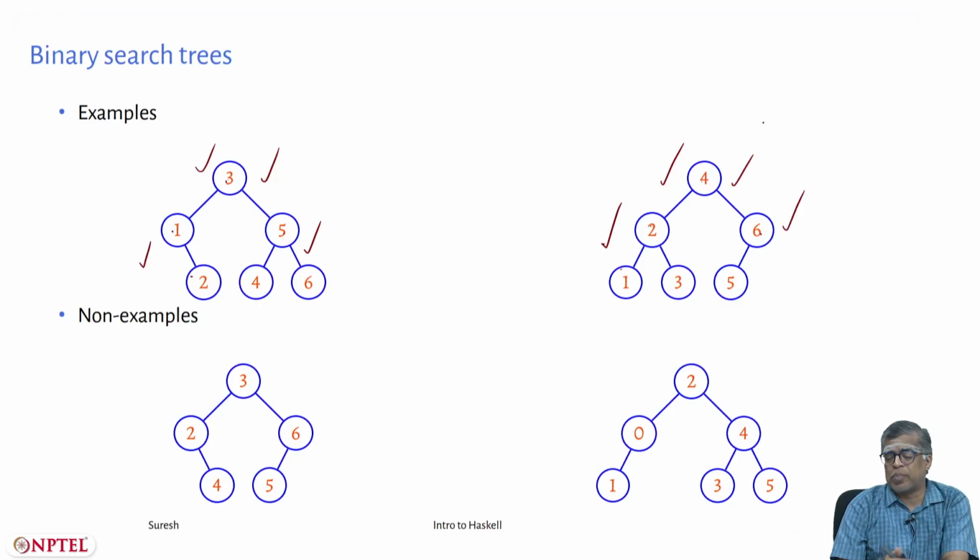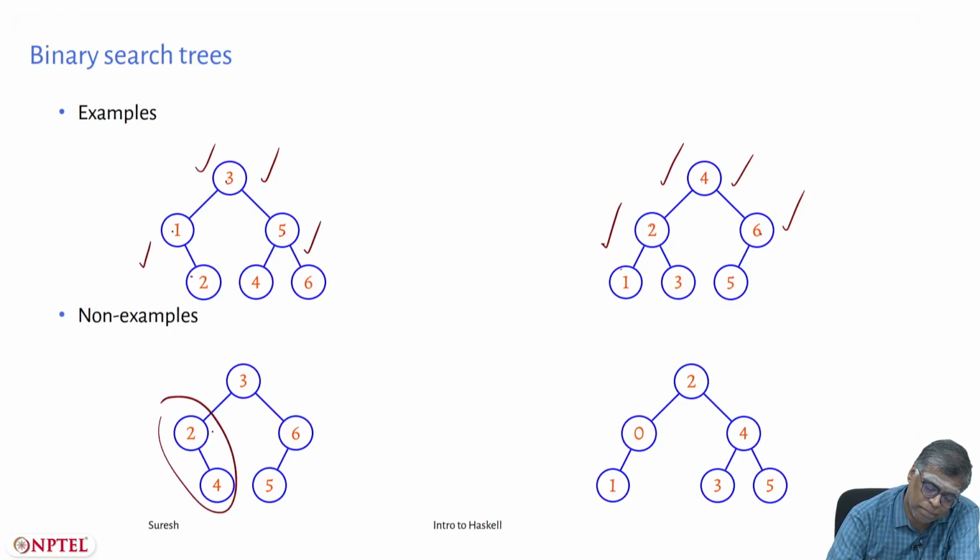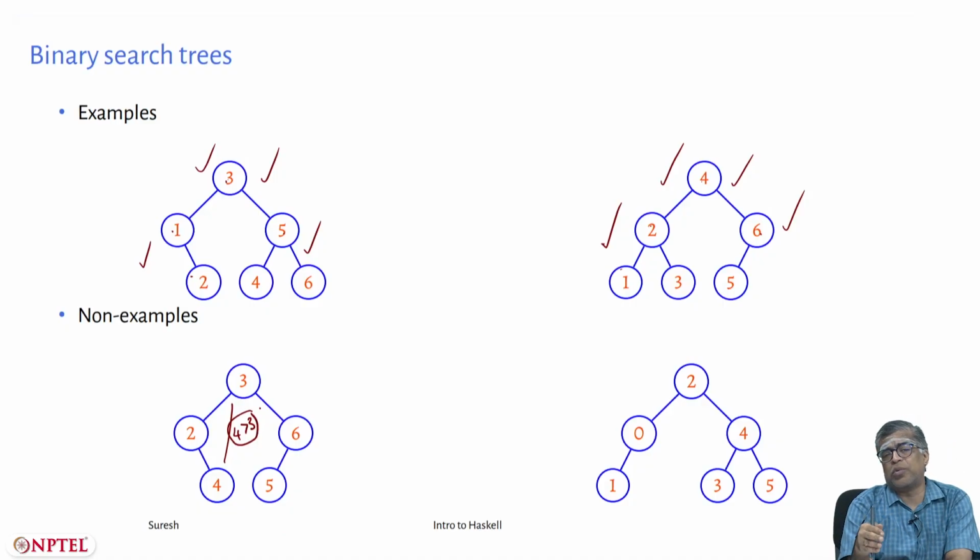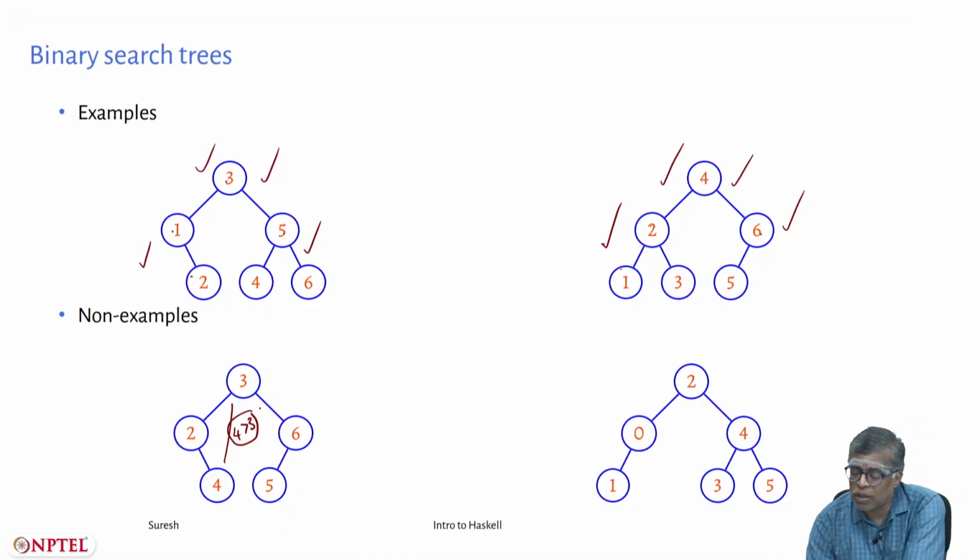Here are some non-examples, 3, 2, 4, 6, 5. Here there is a violation. Four is greater than 3, but 4 is occurring in the left subtree, right? So that's already a violation. Here there is no violation at the root, because 2 has 0, 1 on the left and 3, 4, 5 on the right.